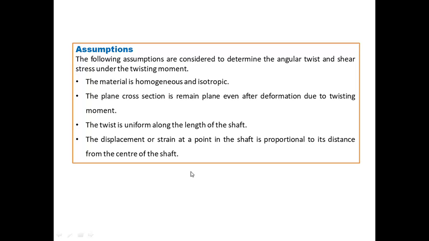The assumptions are: the material is homogeneous and isotropic. The plane cross section remains plane even after deformation due to the twisting moment. The twist is uniform along the length of the shaft. The displacement or strain at a point in the shaft is proportional to its distance from the center of the shaft.